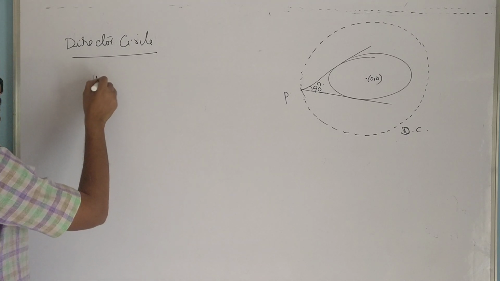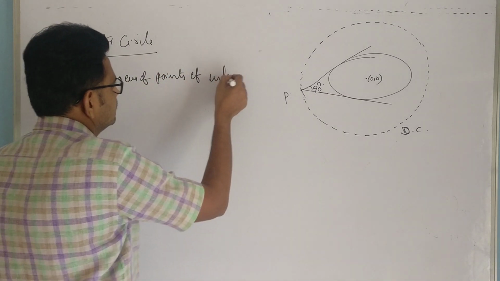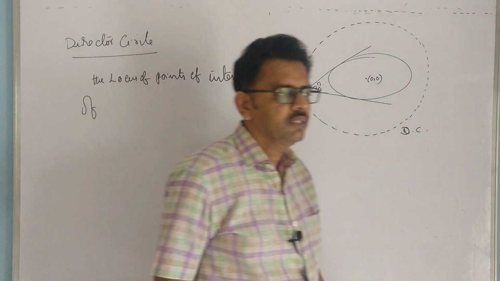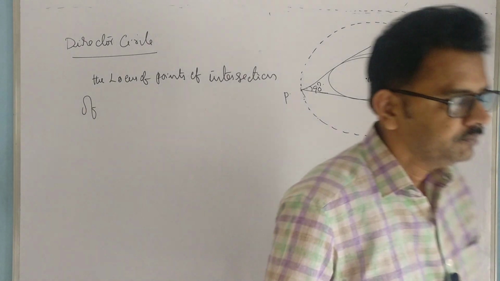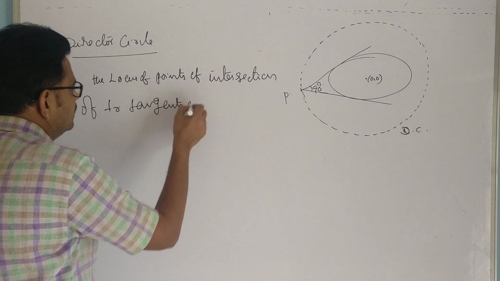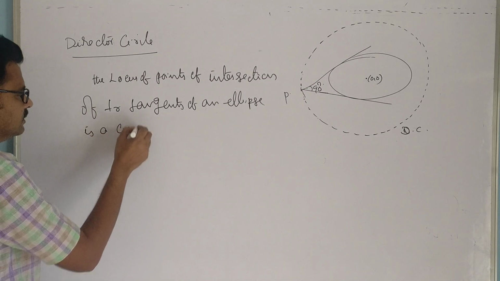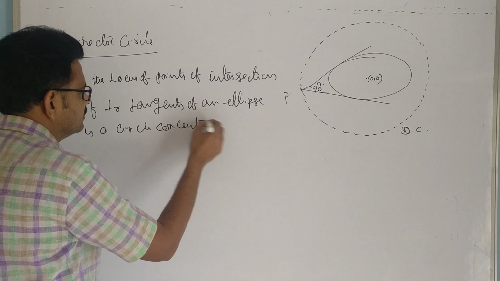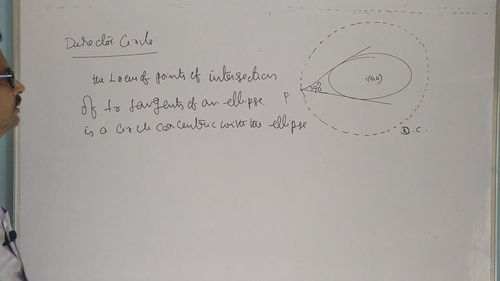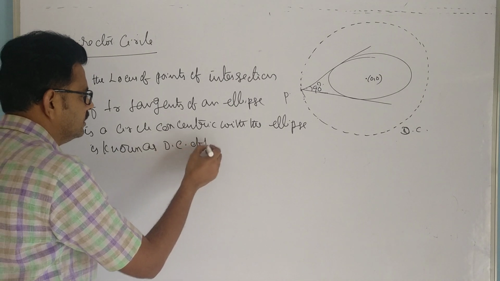That is, the locus of points of intersection of two perpendicular tangents of an ellipse is a circle concentric with the ellipse, known as the director circle of the ellipse.